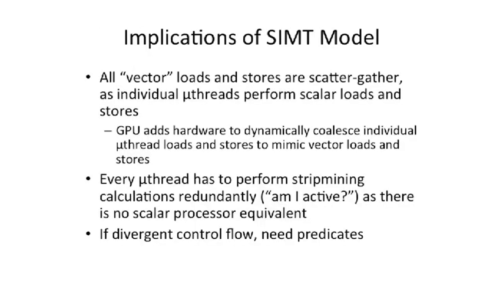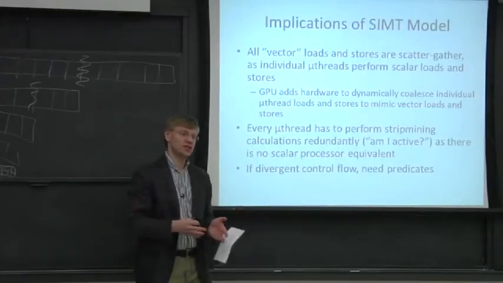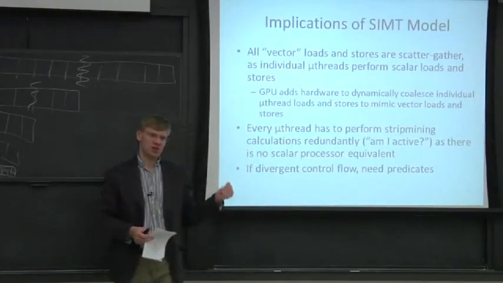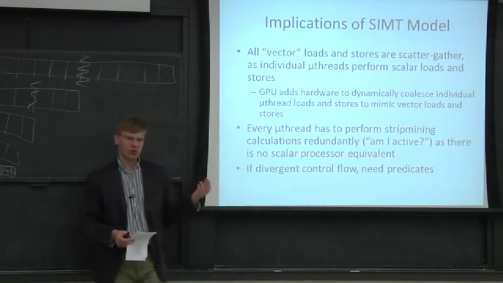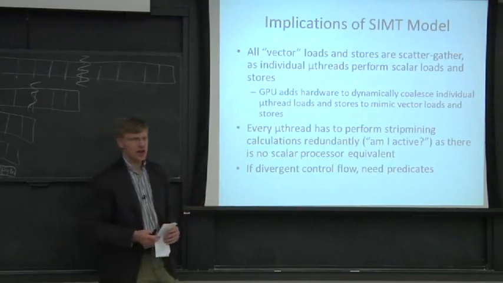So what are the implications of this single instruction, multiple thread model? Strangely enough, because it's hard to control the order of the threads relative to each other with the data, their memory system has to support all different notions and alignments of scatter and gather operations.